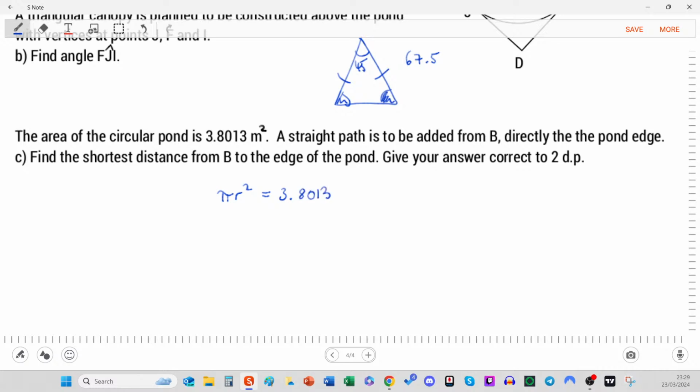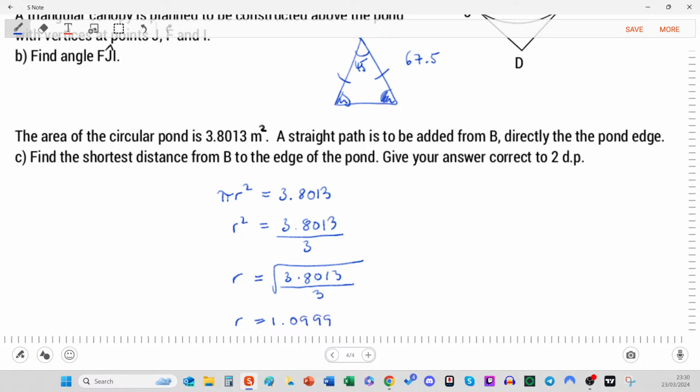3.8013. And all we have to do now is rearrange, because pi is a constant. So if I divide by pi, like so, and then square root, put that in a calculator and you'll find that it's 1.0999.